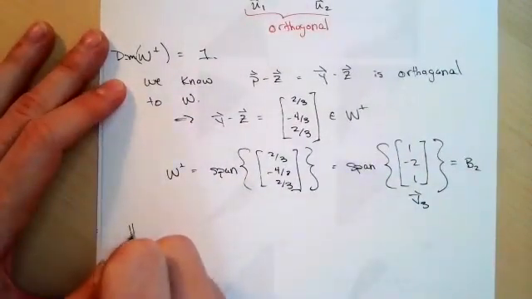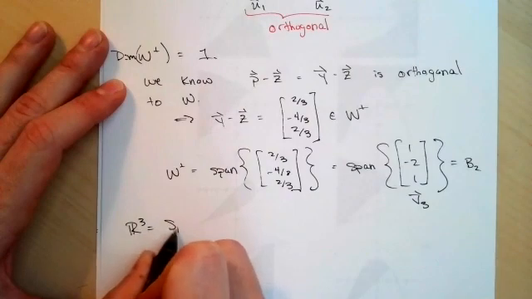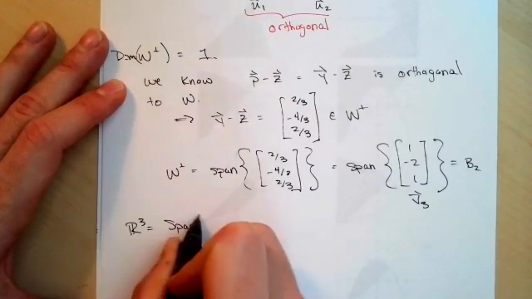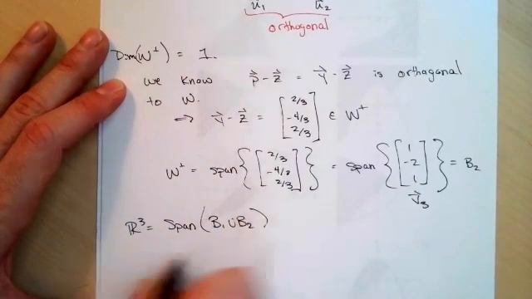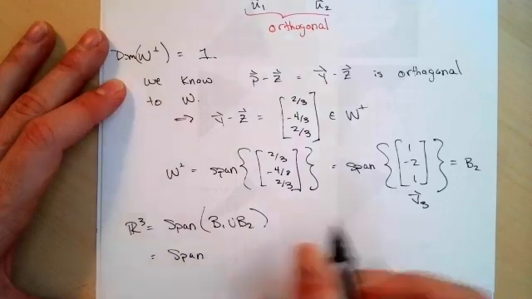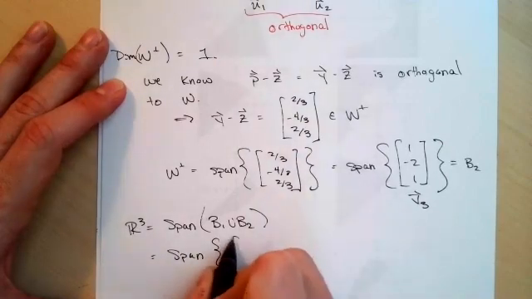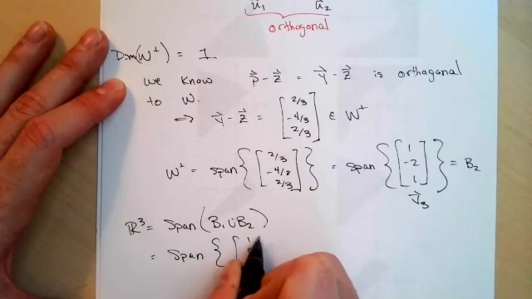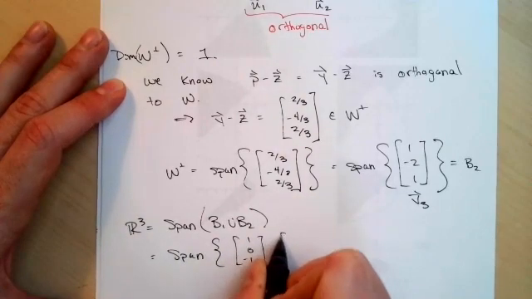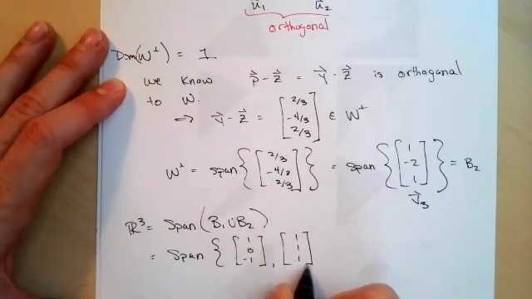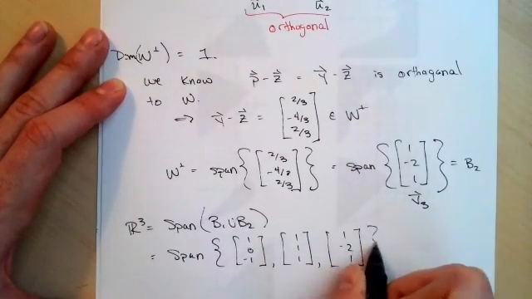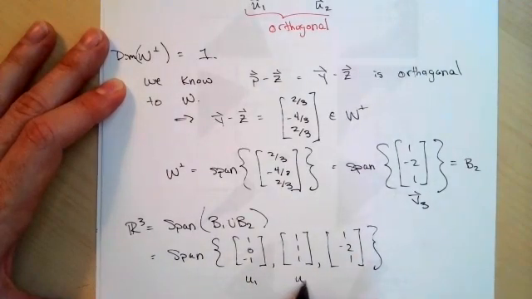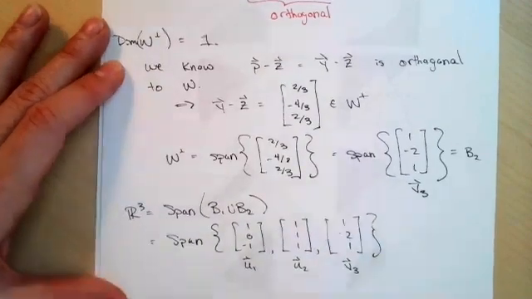now we know that R3 is going to be the span of the union of those two sets. Where now, what have we created?